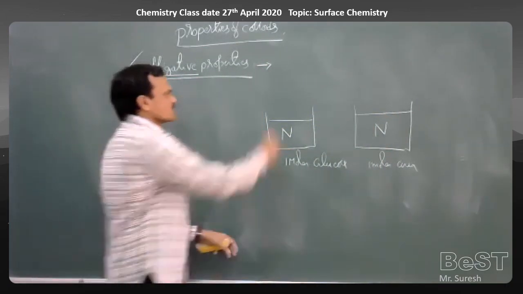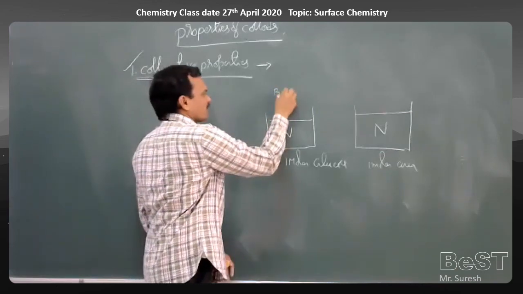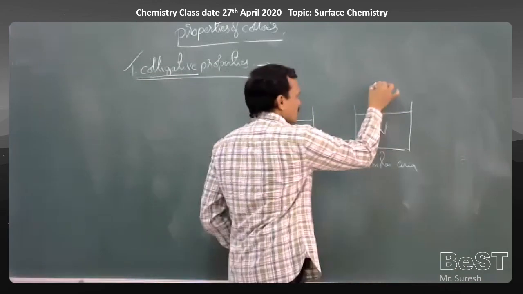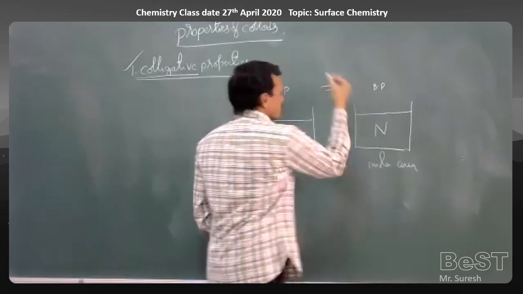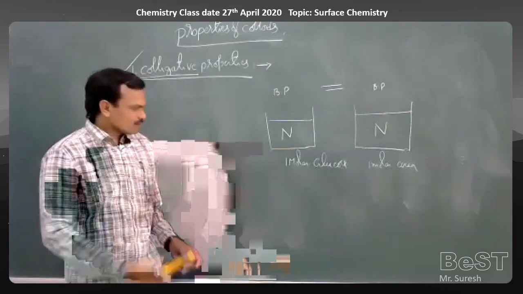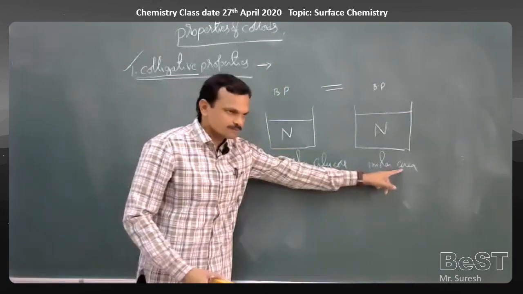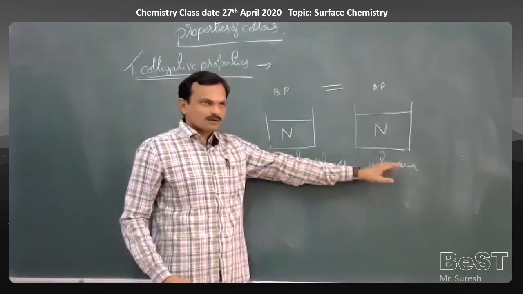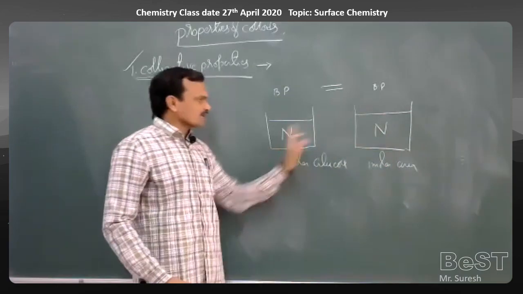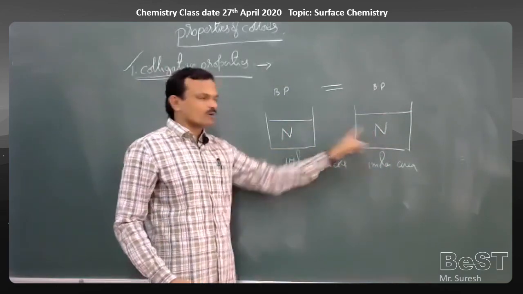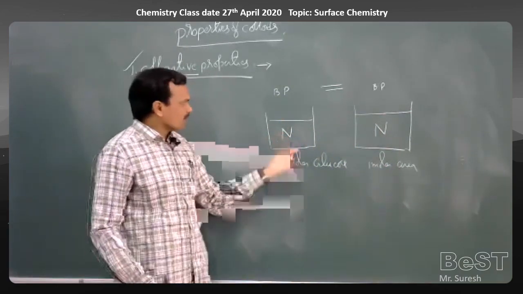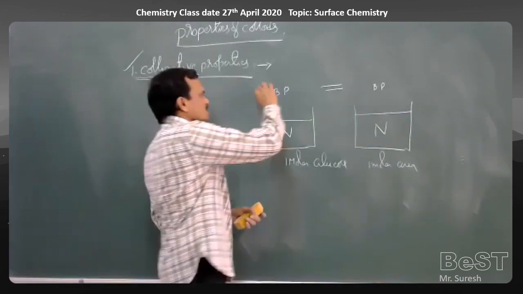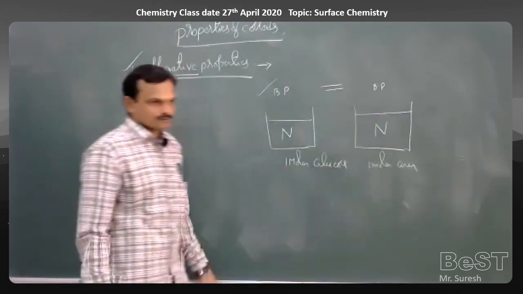Now, if you measure the boiling point of this solution and the boiling point of this solution, both will be exactly the same. But the solutes are different here. Here glucose molecules are there, here urea molecules are there. But both solutions contain the same number of urea and glucose molecules. If you measure the boiling point, in both cases we will get nearly the same.